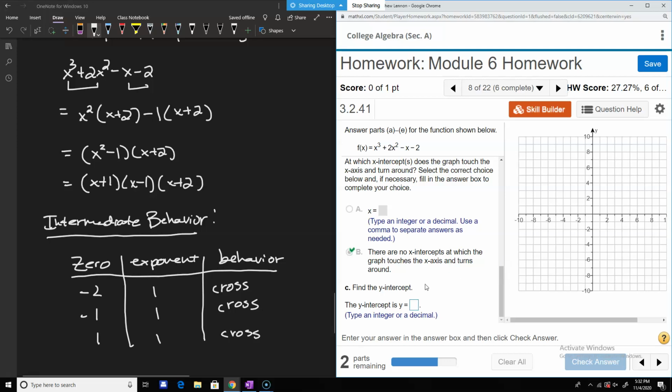Find the y-intercept. How do you find the y-intercept? Well, you plug in 0 for x. So if you plug in 0 for x, those first three terms would go away. The x cubed, the 2x squared, and the minus x, those all go away. And we're just left with that minus 2 sitting there at the end. So the y-intercept is minus 2.